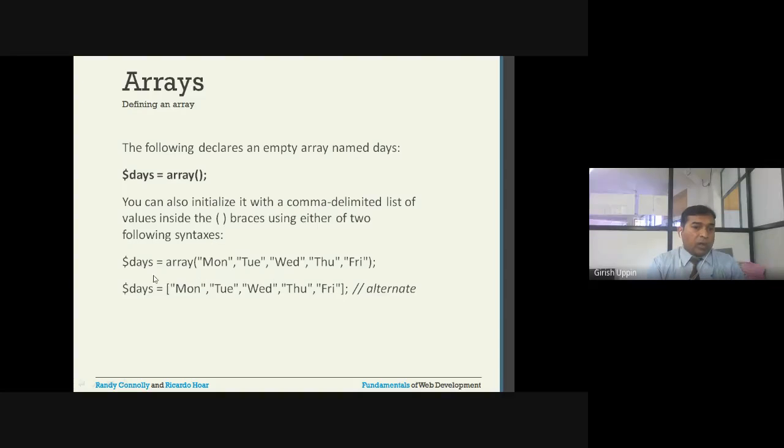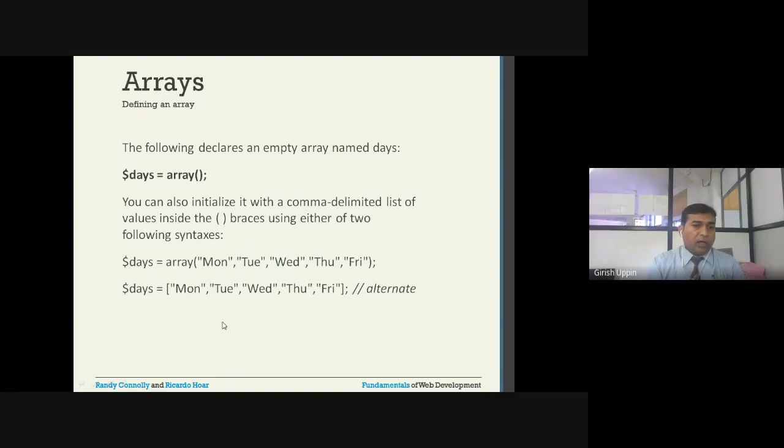So when you create an array like this, the $days array will have 5 values. And it will have an index, because you did not mention the keys. By default, it is going to be integers. So Monday will have a key of 0, this will have 1, 2, 3, and so on.